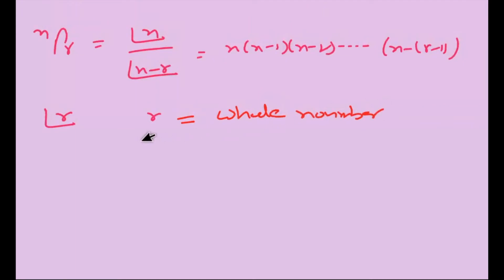So r is never negative, and r is never a fraction, right students? If r is negative or r is a fraction, then that value is 0. Okay, this we will prove later on.